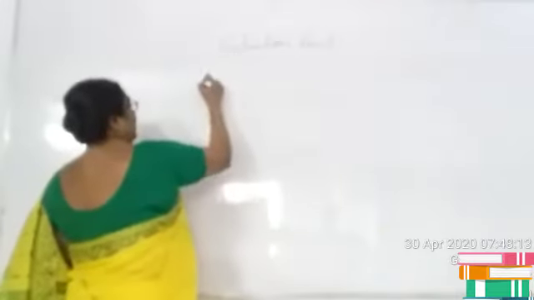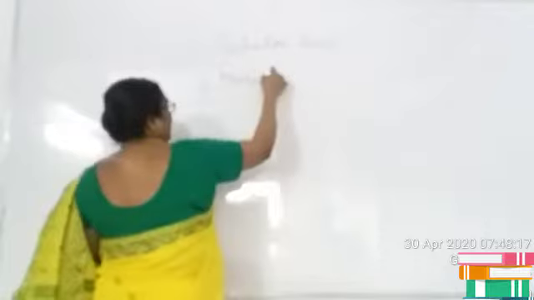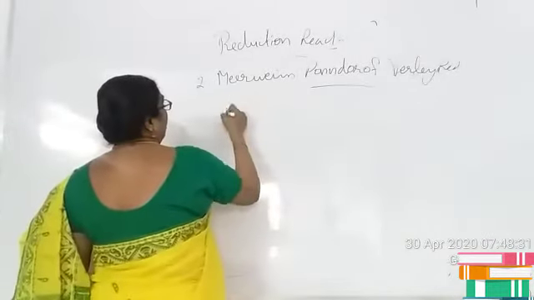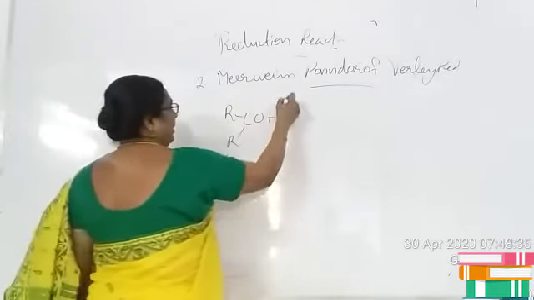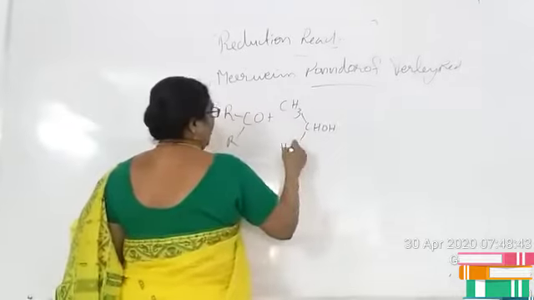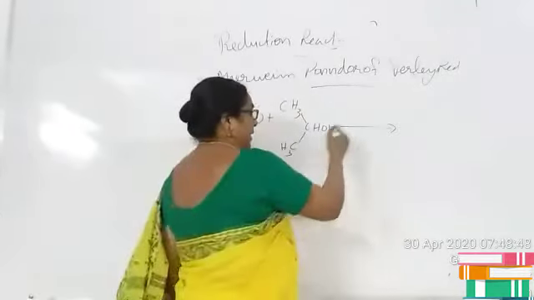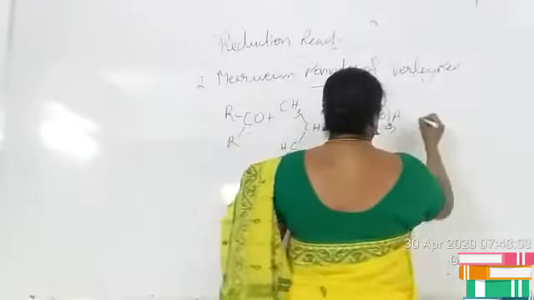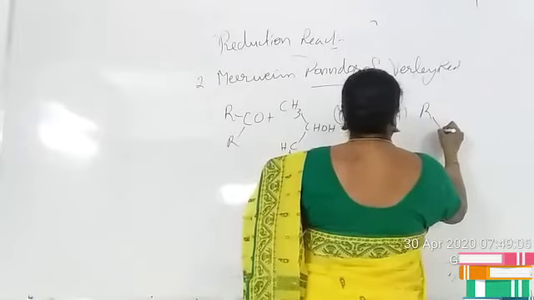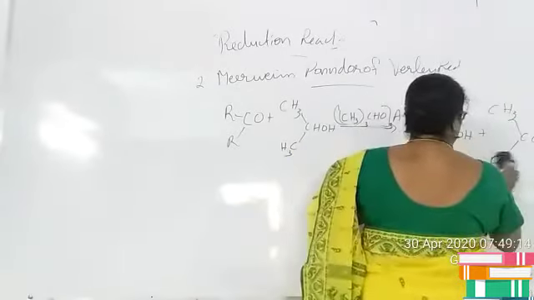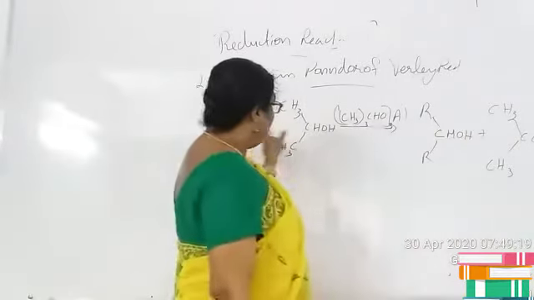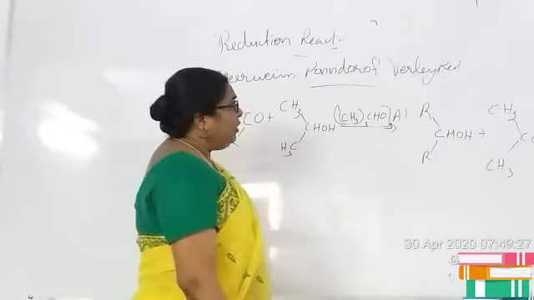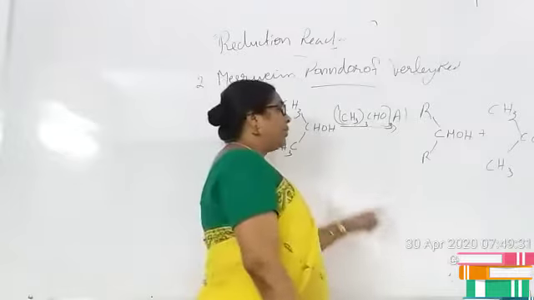Okay. The second type of reduction we can consider is Meerwein-Ponndorf-Verley reduction. Suppose you consider a ketone undergoing reduction with isopropyl alcohol in presence of aluminium isopropoxide. The product will be a secondary alcohol and acetone. Is it clear, children? So whenever a ketone undergoes reduction with isopropyl alcohol in presence of aluminium isopropoxide, it produces a secondary alcohol as the product.